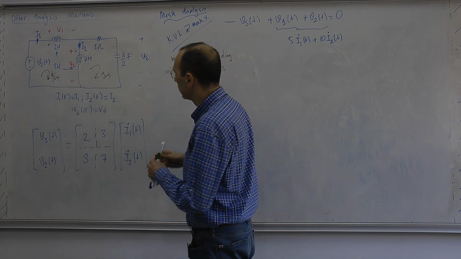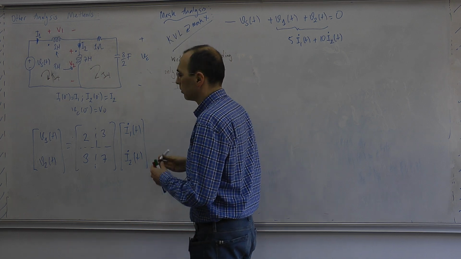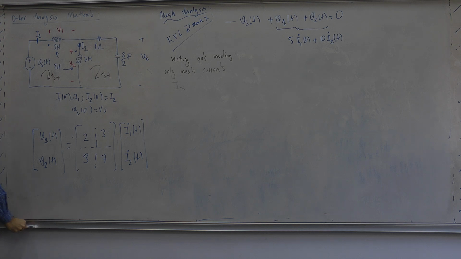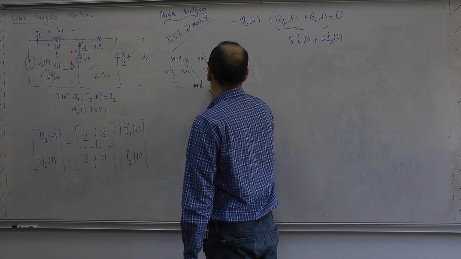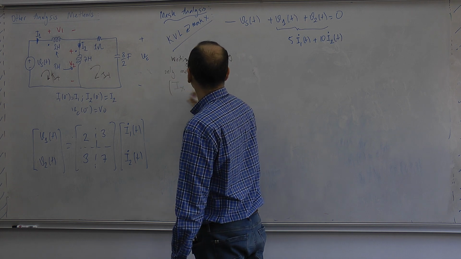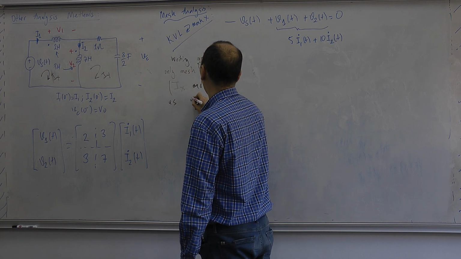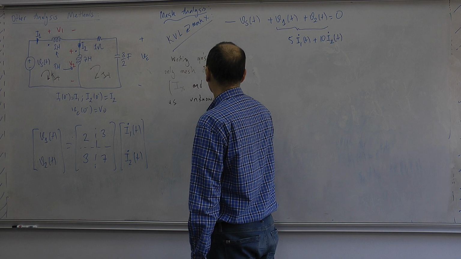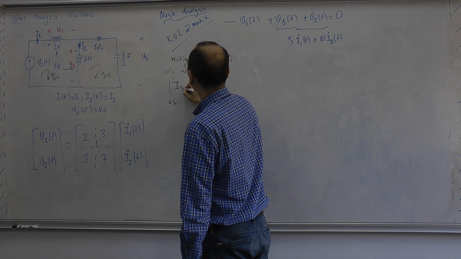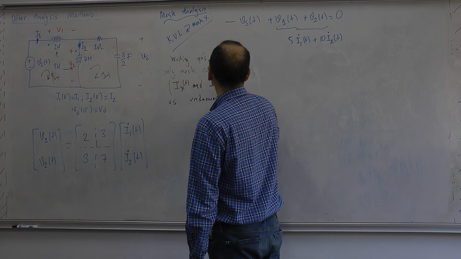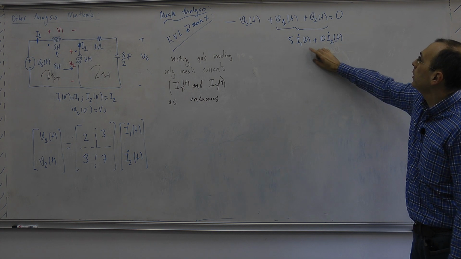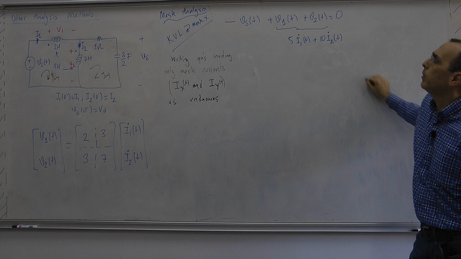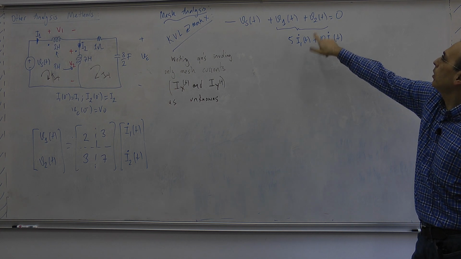What are the mesh currents? Ix and Iy. Ix of t, Iy of t as unknowns. So if I'm doing mesh analysis, I need to see Ix and Iy in my equations.